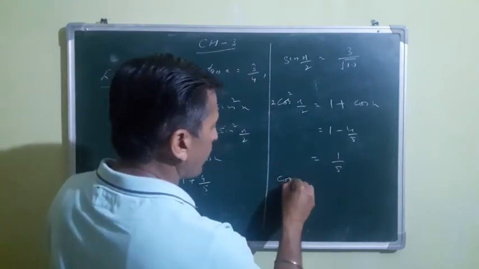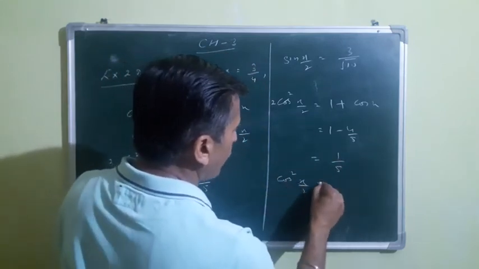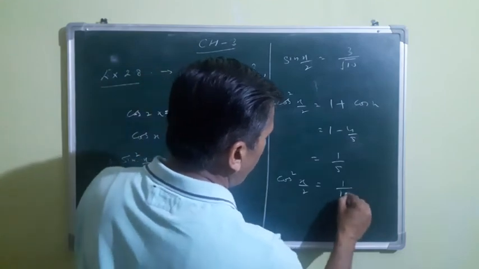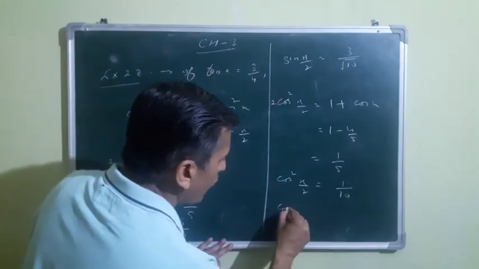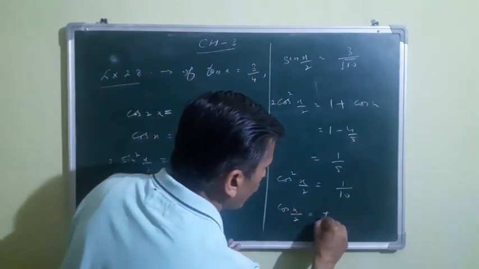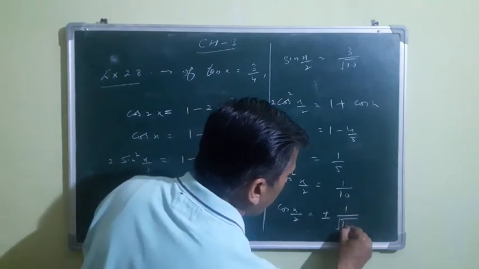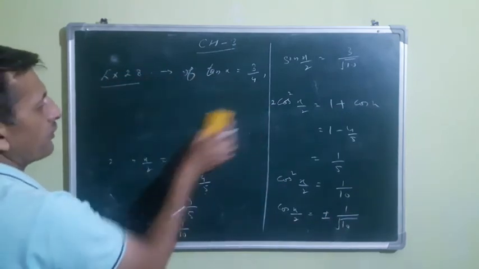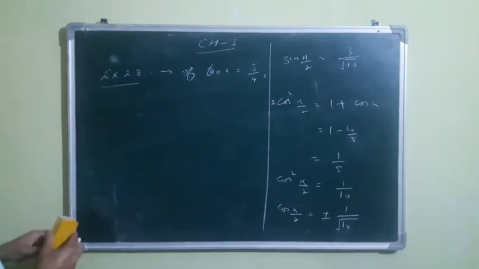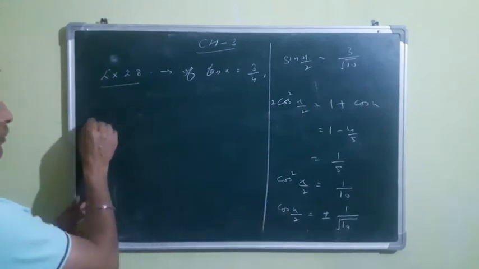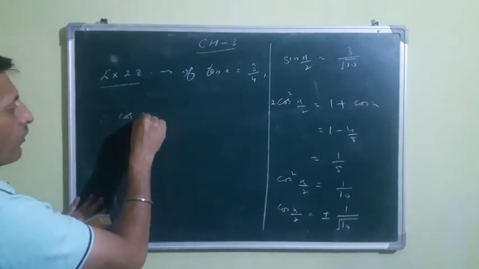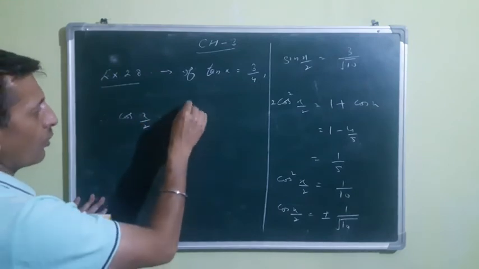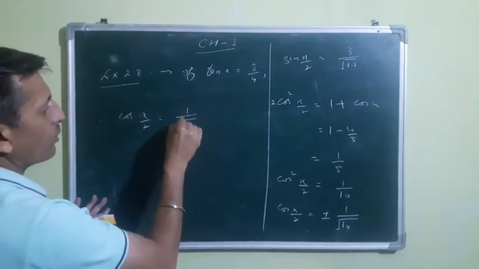In this case, cos square x by 2 is equal to 1 upon 10. Once again, cos x by 2 is equal to plus minus 1 by under root 10, and x by 2 lies in the second quadrant, where cos is negative, so therefore cos of x by 2 is equal to 1 upon under root 10 with the negative sign.